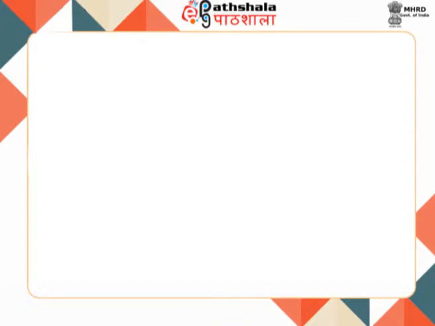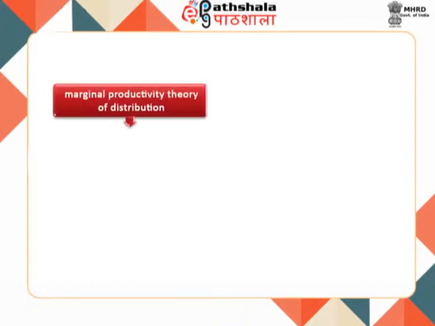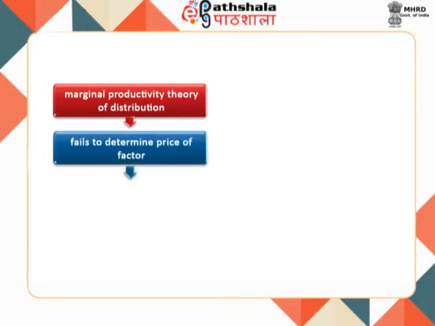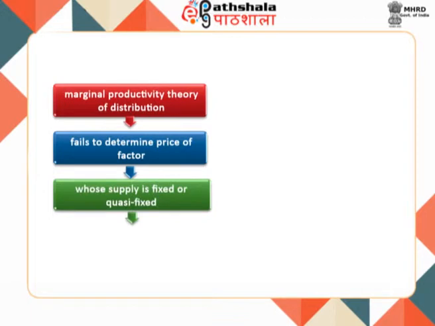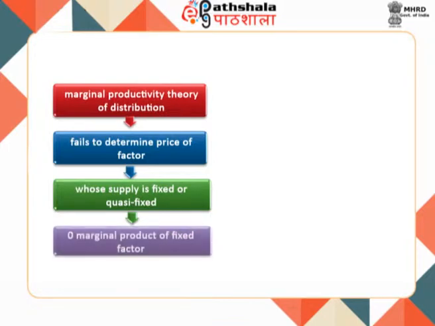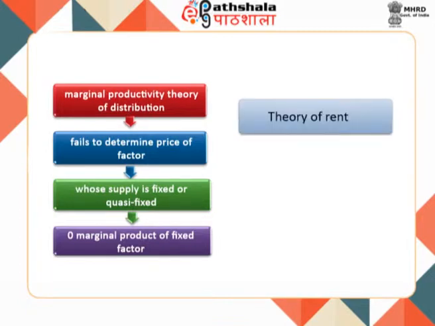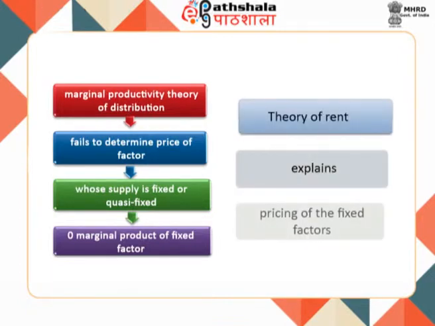Unlike a variable factor, the marginal productivity theory of distribution fails to determine the price of a factor whose supply is fixed, for example land, or quasi-fixed, for example capital equipment, as there is zero marginal product of a fixed factor. There exists a separate body of theory, that is, the theory of rent, which helps explain the pricing of these fixed factors.